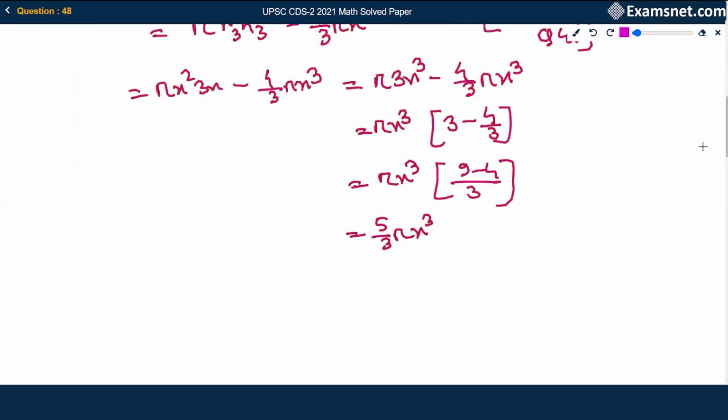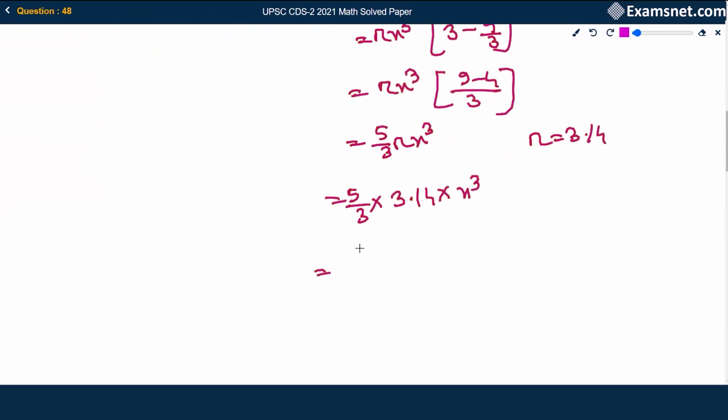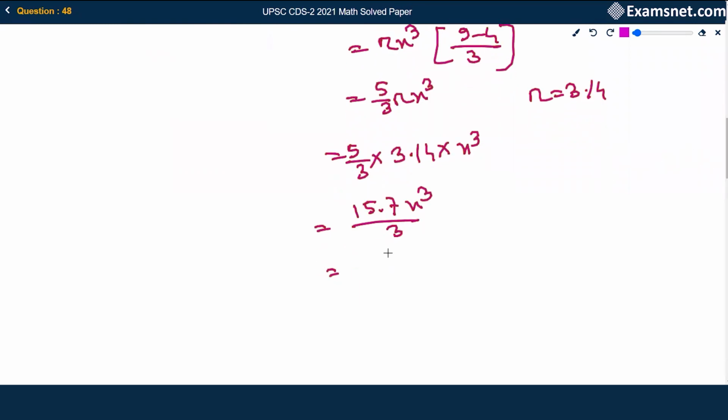Now we can use the value of pi, that is 3.14. The value will be 15.7 x cube by 3. If we further divide 15.7 by 3, we will get 5.24 x cube.